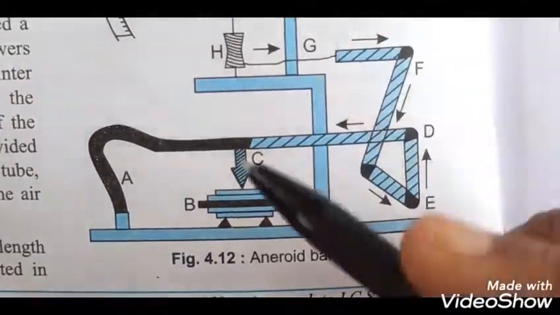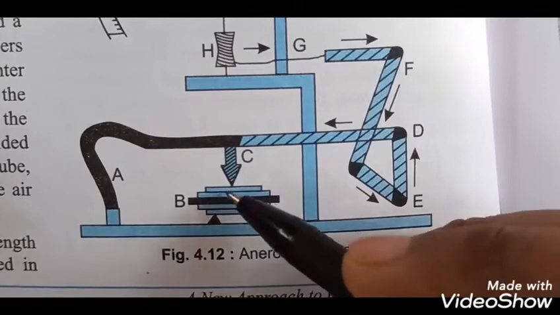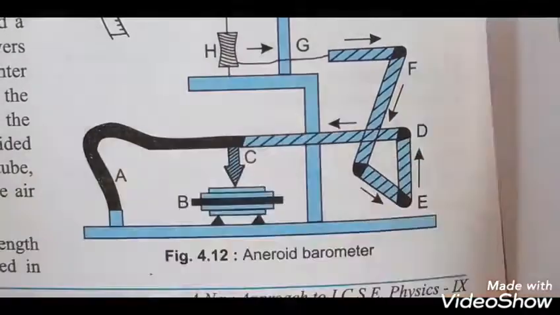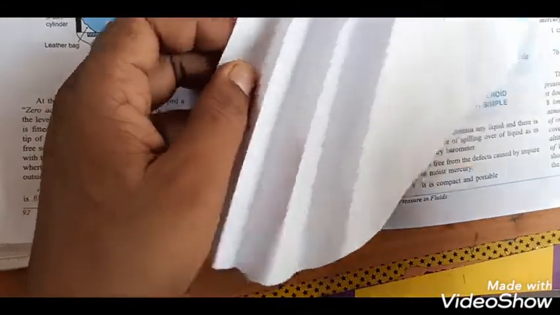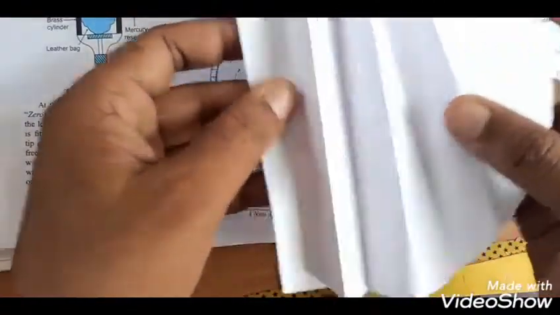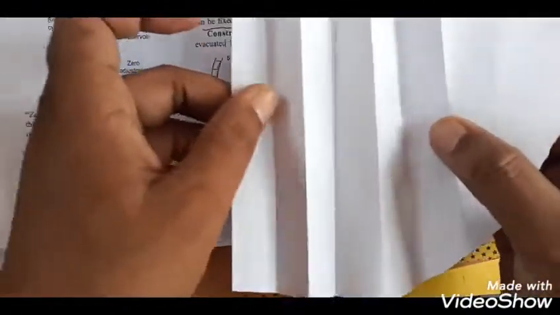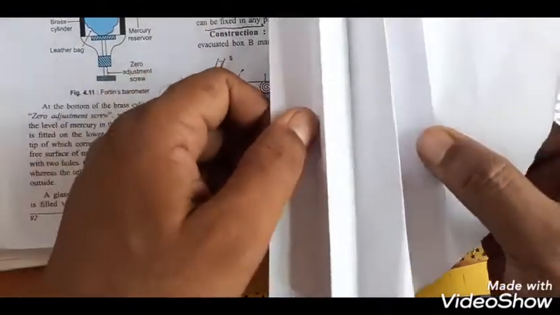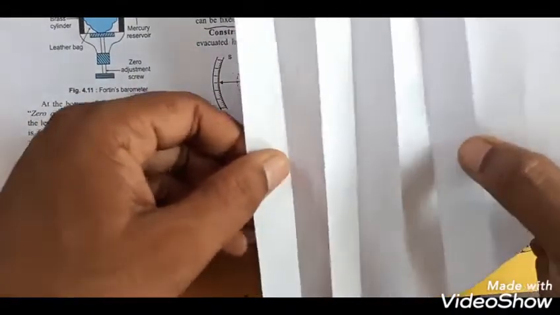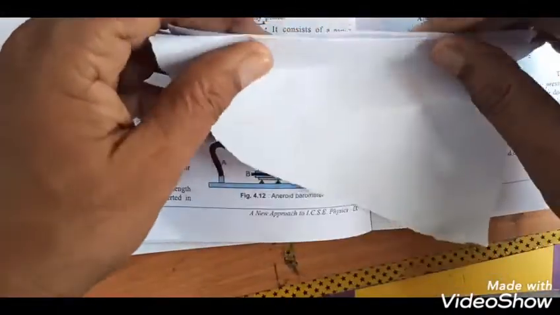Construction. See, it has this corrugated iron box. Corrugated means the sides are very loose, like this paper I just showed to make you understand. This is a paper, I just bend the paper and it is moving like this. So a very thin sheet of iron is taken and converted like this, bends are there, so that the movement becomes easy, meaning the box can be compressed or stretched easily.